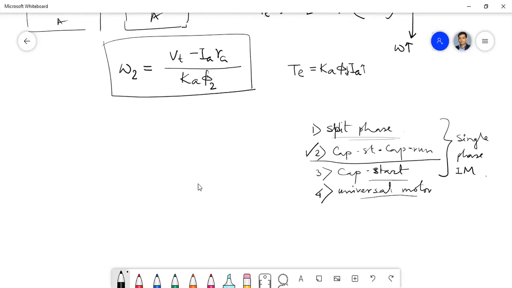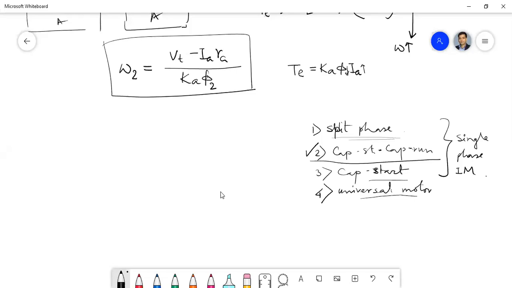Any questions? A student asks in Bengali why option one, split phase, would not be correct, and whether split phase can be used instead of a capacitor. Actually, split phase is a general name. We can also split the phase by a different mechanism without using a capacitor. No, the capacitor is one option of splitting phase.